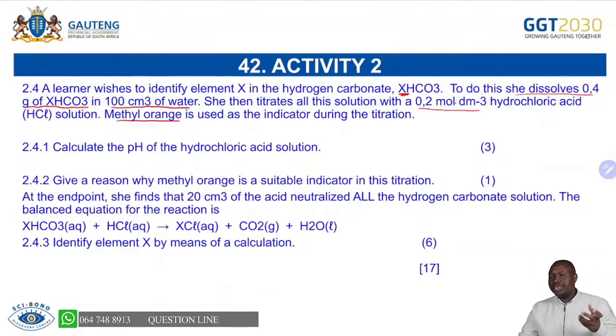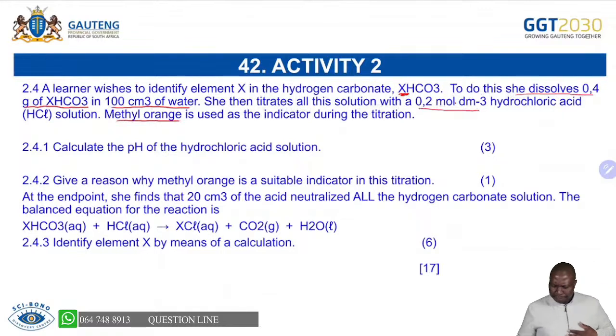We've been talking about the color change. For methyl orange, it will be from red to orange. You see the importance of understanding all these types of titration and the indicators and the color changes as well. So you will be able to tell us if we ask what the color change will be. If we ask why we're using methyl orange, you'll say it's because we're titrating a strong acid and a weak base.